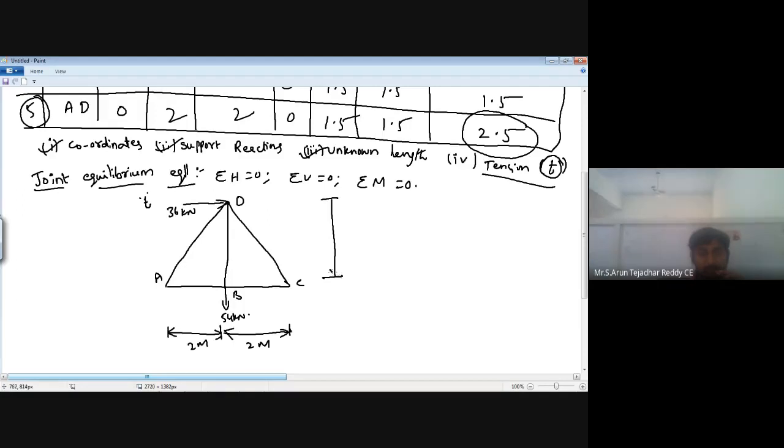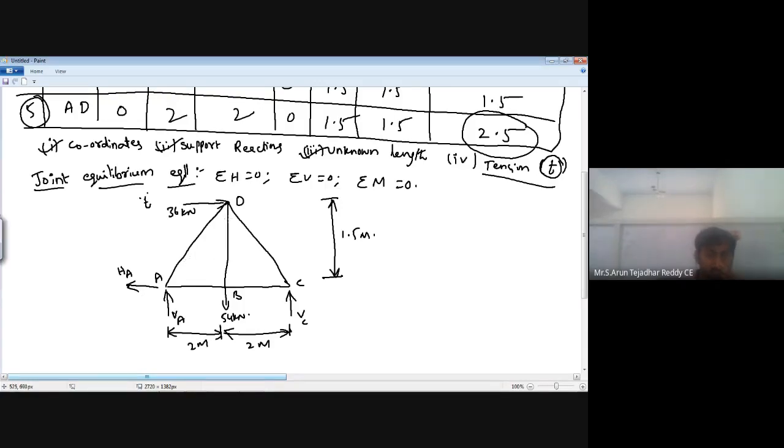BD height is 1.5 meter. Here we have a hinge support. Hinge support means there are two reactions: vertical reaction and horizontal reaction, VA and HA. At point C we have a roller support, which means only one reaction is available, vertically. We can name it VC. This is our given truss.